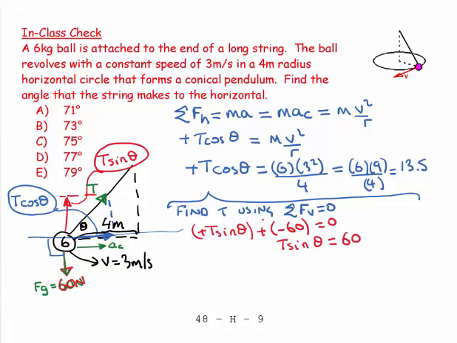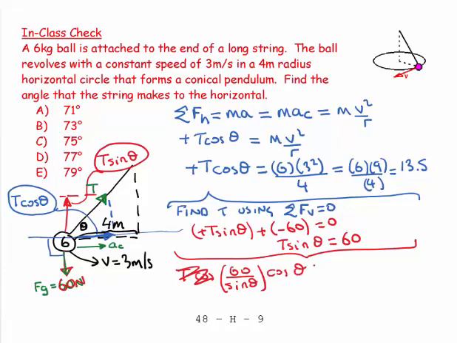So now in principle I have two equations and two unknowns. I can simply isolate T and substitute in. So let's just do that. It's the simplest way. So I can say, well, 60 over sine theta is my T from here, times cosine theta is equal to 13.5.